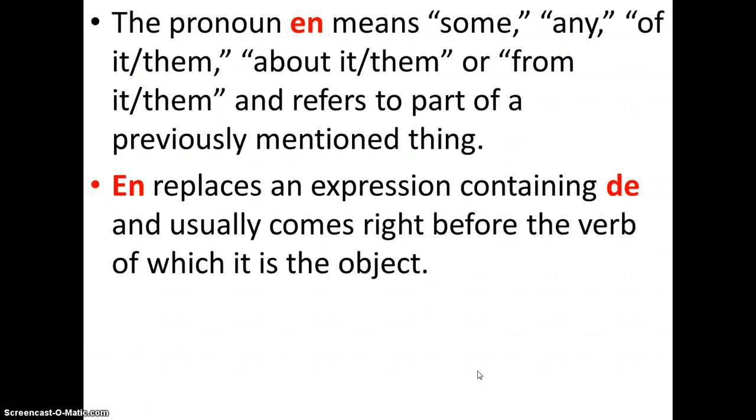So you're going to say je lis le livre. Notice livre is a direct object here, but it's masculine. So you're going to say je le lis, je le lis. And you notice that when you say je le for the book, lis comes after it, before the verb.